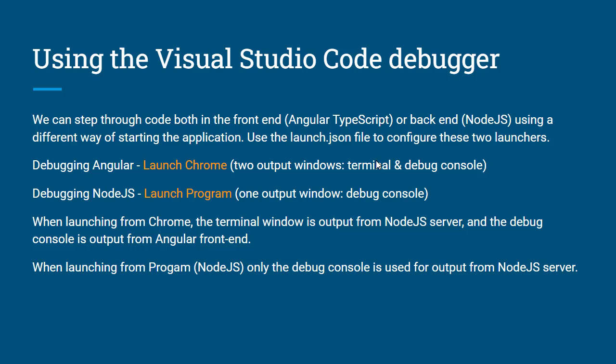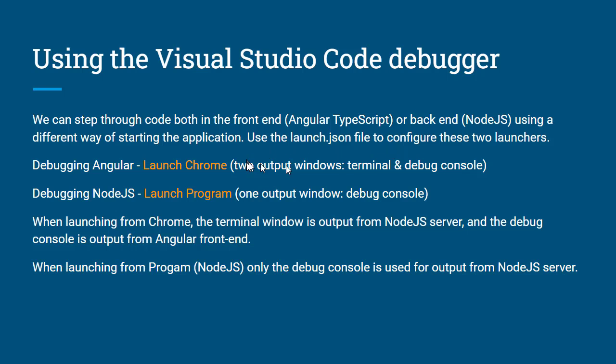Something to point out as far as the Visual Studio debugger, there are some gotchas that if you don't know about them can be very annoying. But we can essentially step through Angular TypeScript code. And when we're debugging, we've got 2 output windows. If you remember, we've got a terminal window and a debug console.